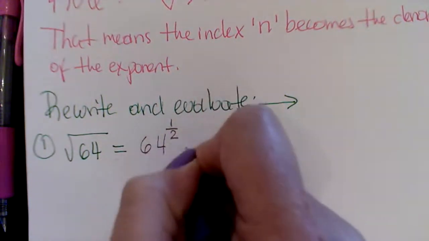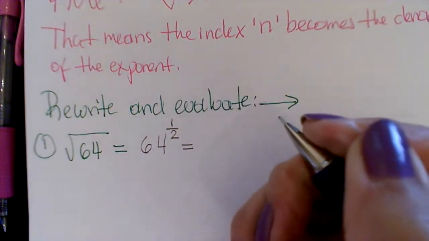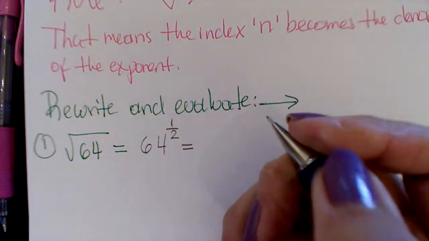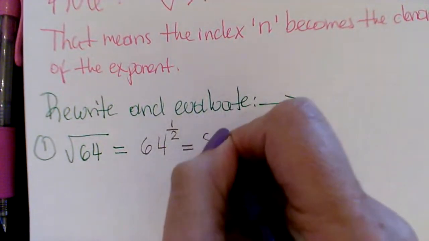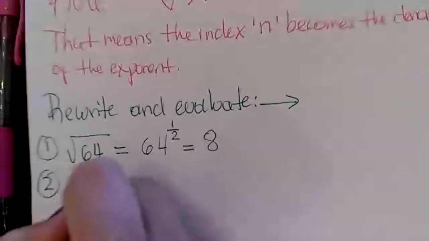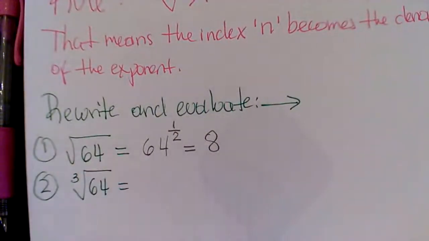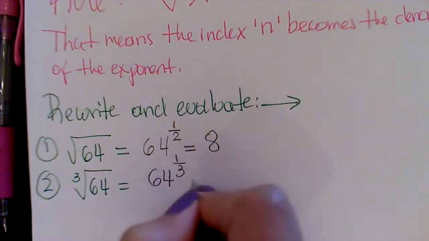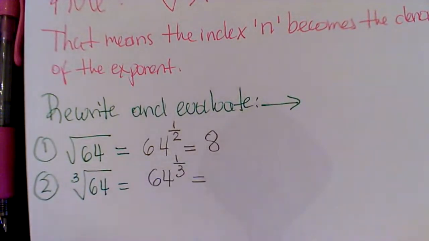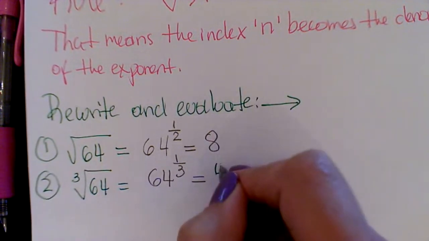To 1/2. That's equal to what? To 8. I rewrite it and I evaluate it. Number 2, cubic root of 64. So I'm going to do 64 to 1/3. And what's the cubic root of that? 4.